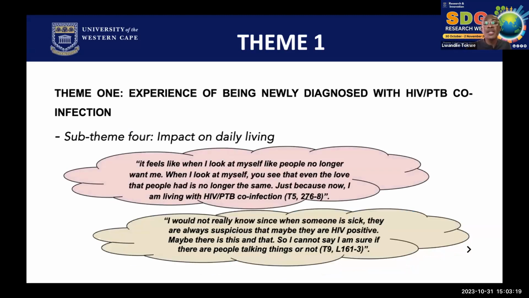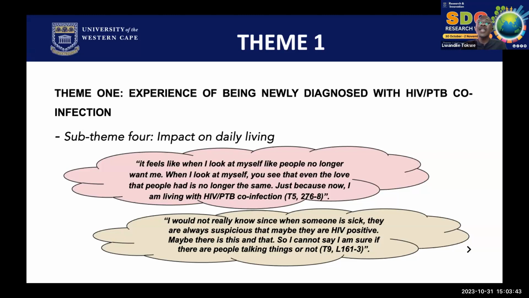And then another theme was the impact on daily living. The participants verbalized that living with HIV and pulmonary TB co-infection had a negative impact on their daily living. This was evidenced by how they had to limit contact with other people because of fear of transmission, especially with pulmonary TB.